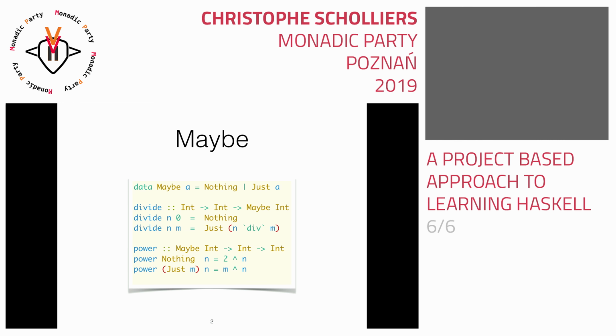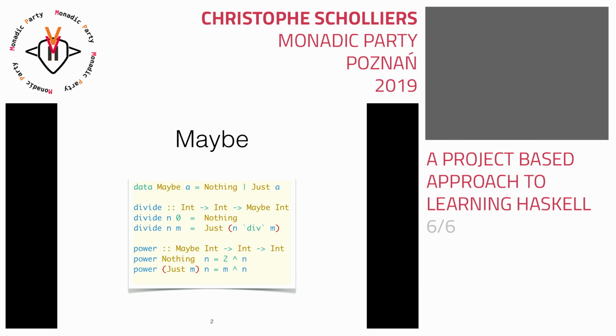And so we have two functions here. The first one is divide. And divide, of course, can go wrong. If you divide by 0, then you just return Nothing. You say, okay, this doesn't really have a result, I'm going to return you Nothing. And so if we look at the type signature, divide takes 2 Int in this case, and it returns a Maybe Int, right? And so Nothing has the correct type, yeah?